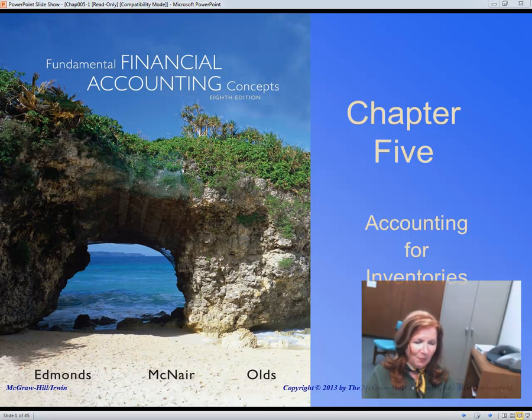Now, with that presentation, I want to turn your attention to the bottom of page 278 and another lesson that comes up in this chapter. It's a major lesson, and one that you should understand, called lower of cost or market. Generally accepted accounting principles require every inventory calculation that's done to be examined for lower of cost or market.